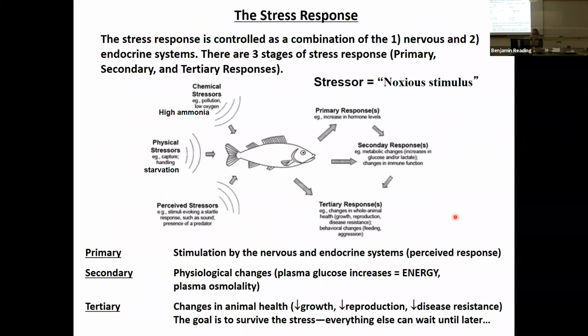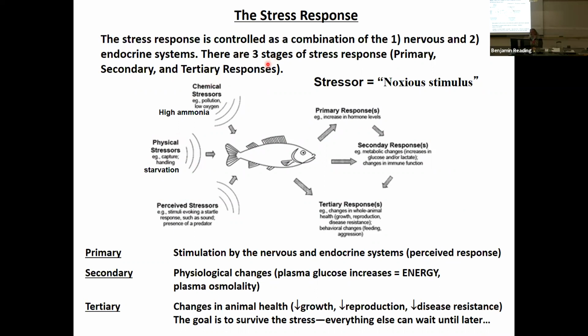So the last thing I'm going to talk about here from your textbook is the stress response. And this is the last of your homeostasis mechanisms. It deals with things such as avoidance of predators, disease resistance, things like this. So the stress response is controlled in a combination of nervous and endocrine systems that we opened the lecture by talking about.